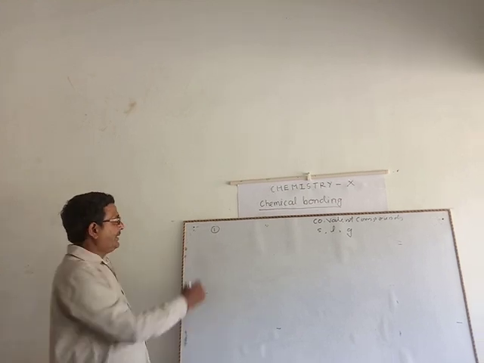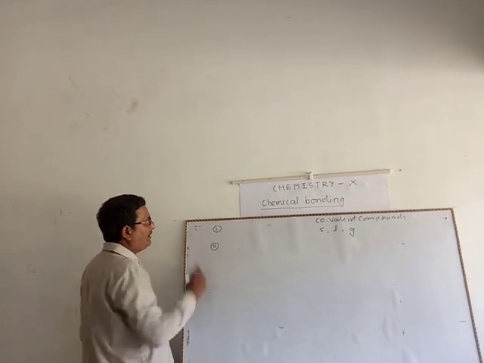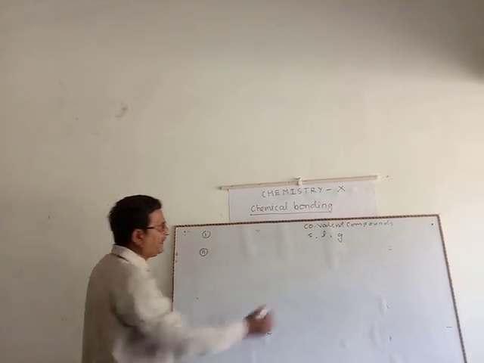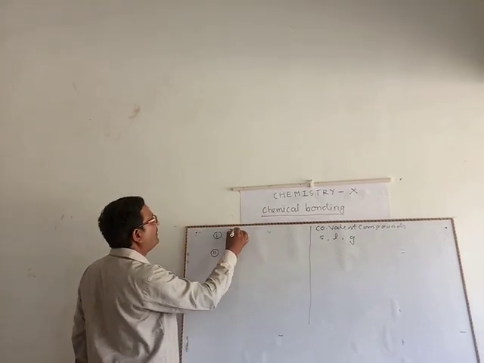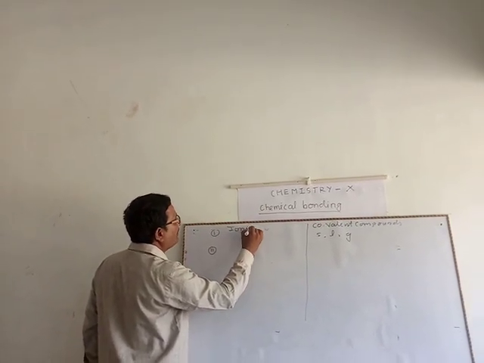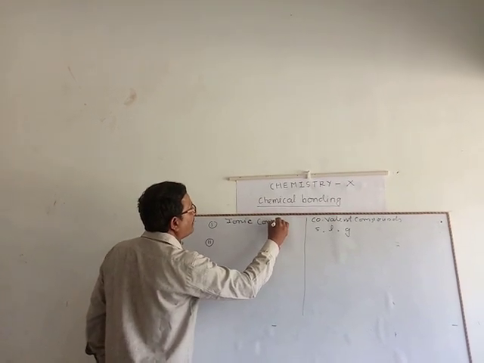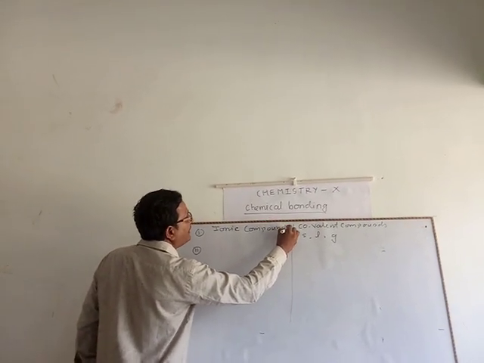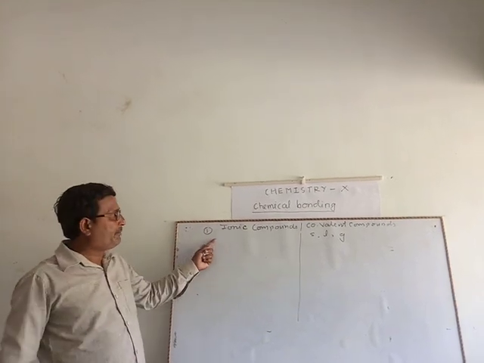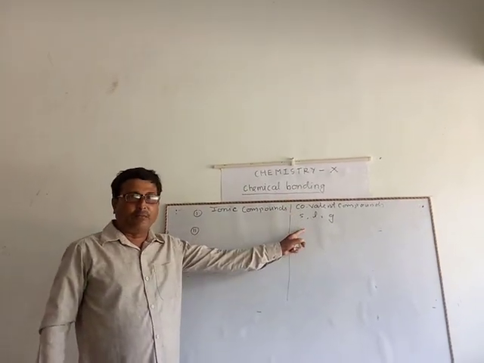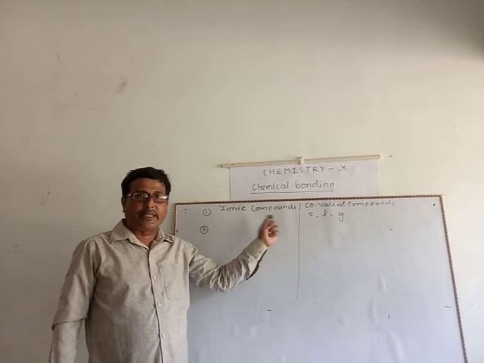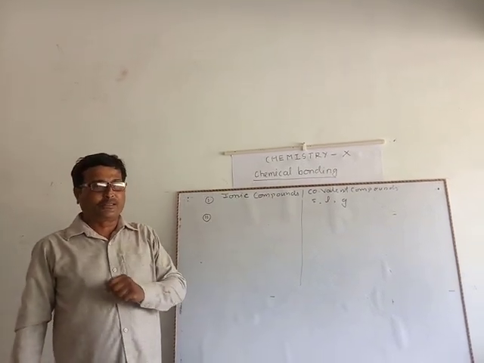Second point, the force existing between ions in an ionic compound is a strong electrostatic force, whereas in covalent compounds it is a weak force called van der Waals force.